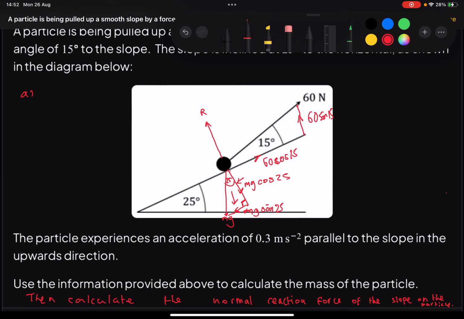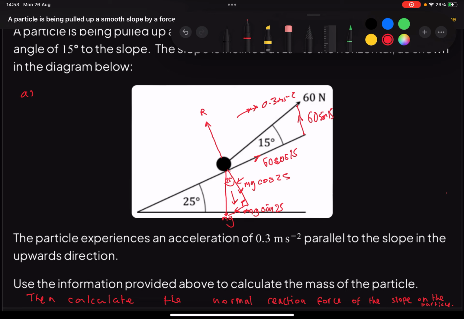And the particle also experiences an acceleration of 0.3 meters per second squared. So all you need to do is look at the corresponding vertical components and horizontal components. But for the first part, all you need is the horizontal.